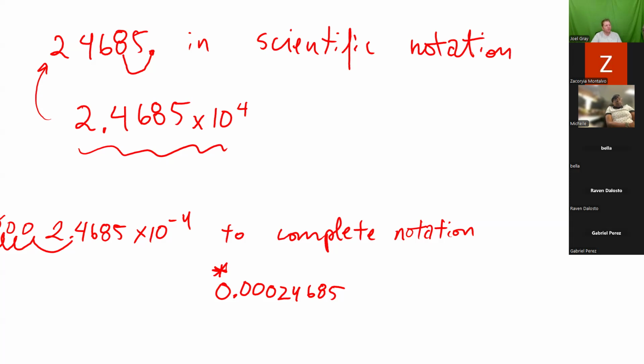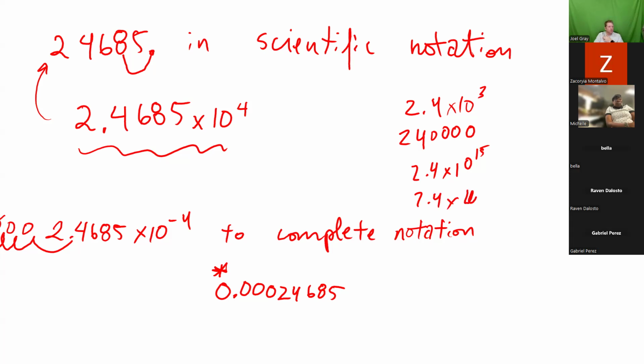So one of the questions that you should probably expect would be something like a comparison between 2.4 times 10 to the third, or 24,000, or yeah, 240,000, 2.4 times 10 to the 15th, and 2.4 times 10 to the minus 5.